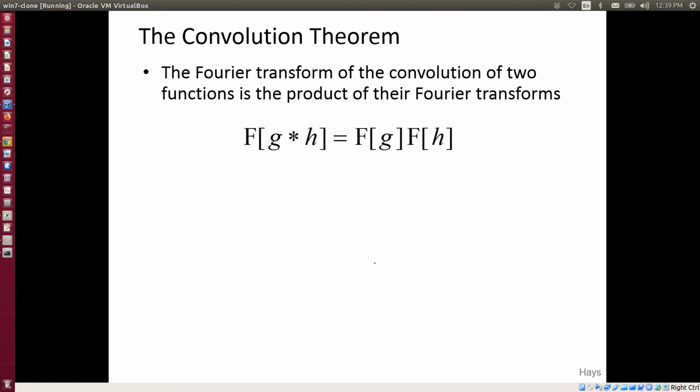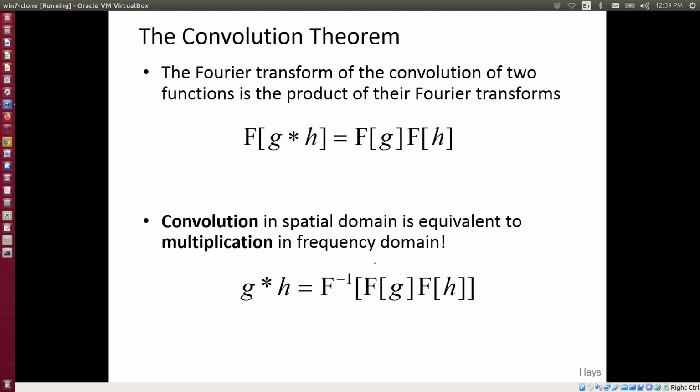Basically, if you have convolution in the spatial domain, it will be just equal to a product in the Fourier domain. And actually it's vice versa also.